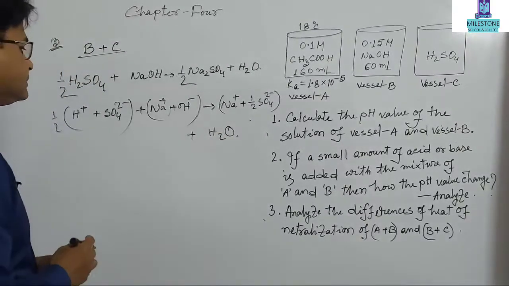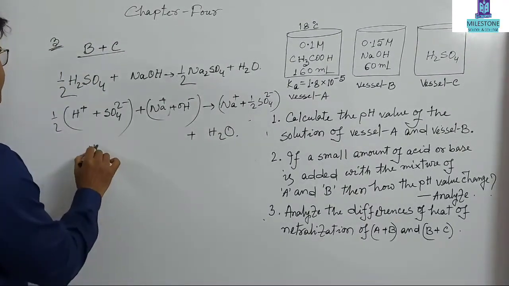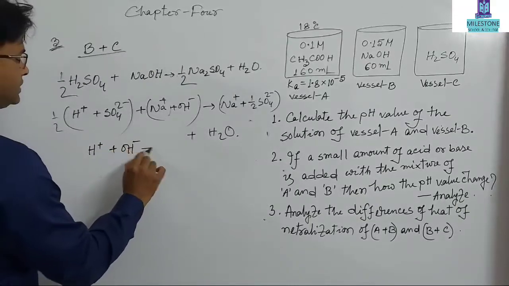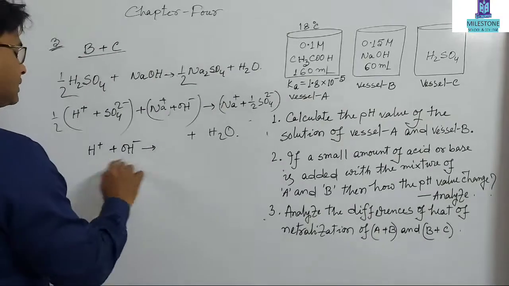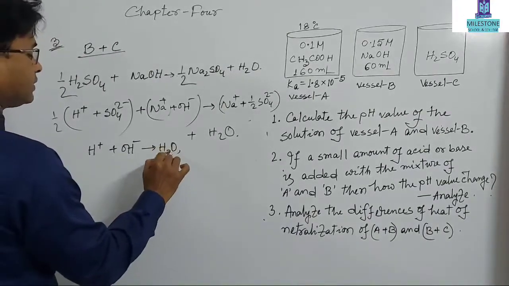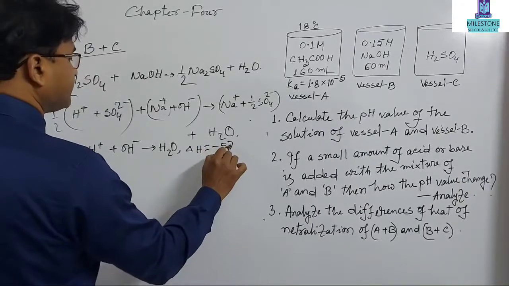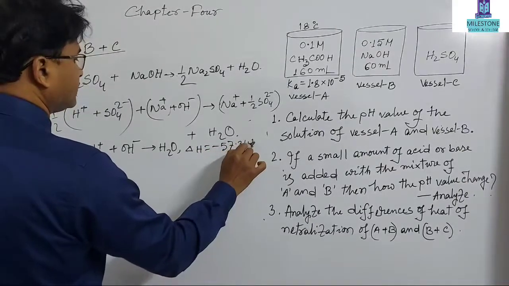Students, here H plus ion and OH minus ion combine together to produce 1 mole of water, and the delta H value is approximately minus 57.34 kilojoule.